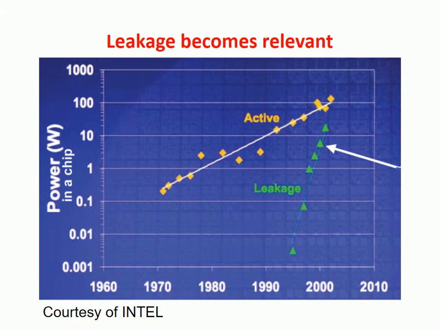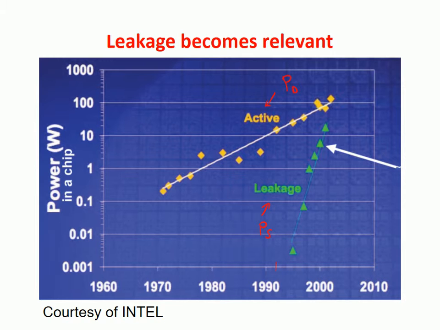So the active power is the dynamic power consumption. The leakage is the static power consumption. Okay, so up to the 90s we do not see any variation, also because the threshold voltage was high, did not change, and therefore the off current was practically negligible.